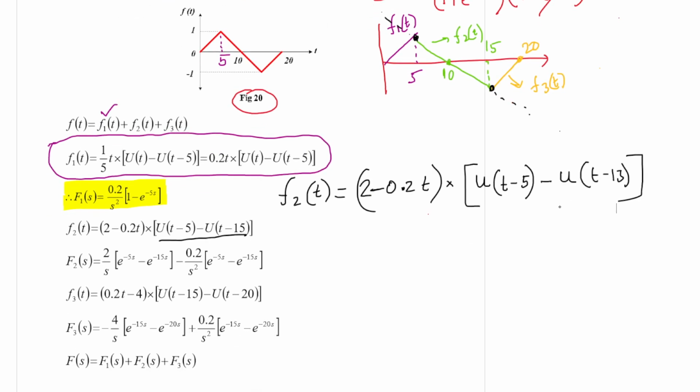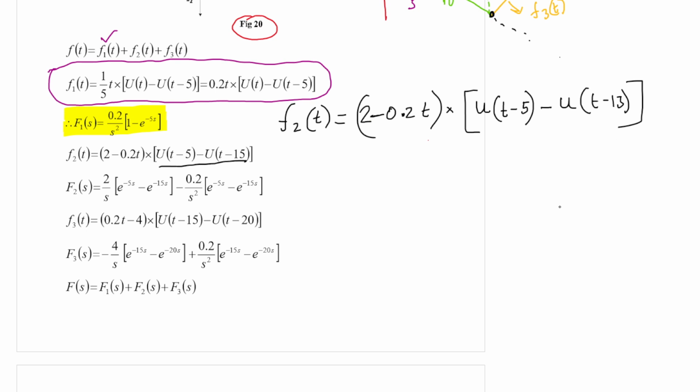So if you solve, Laplace transform of 2 is 2 by s, and Laplace transform of 0.2t is 0.2 by s square, and then we have this gate function.